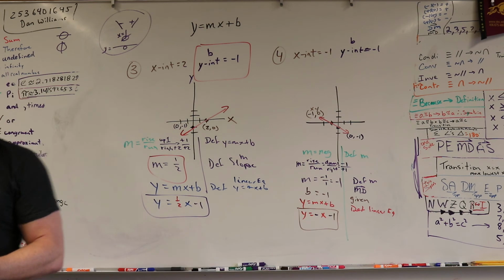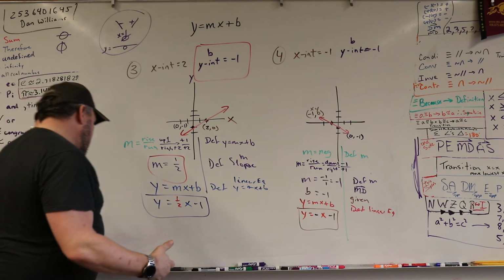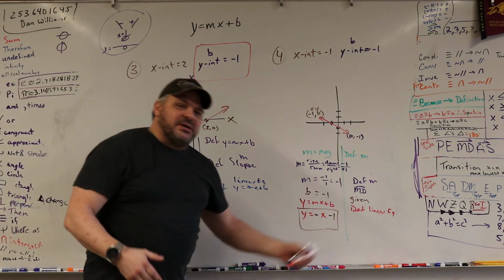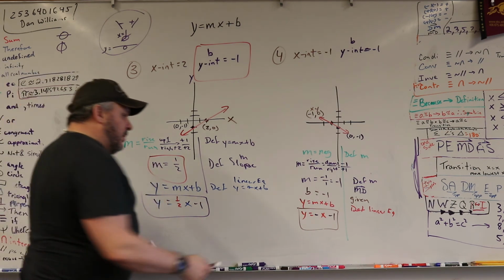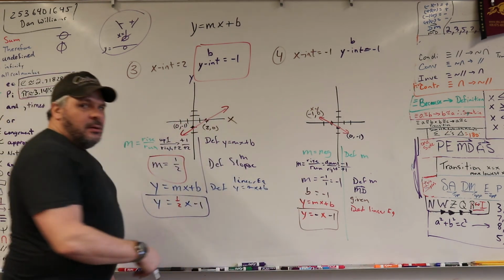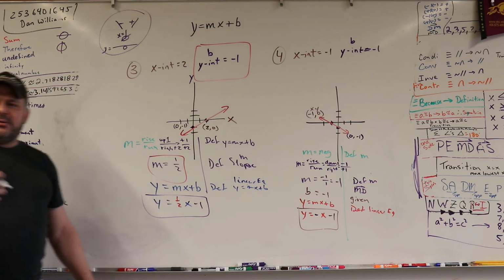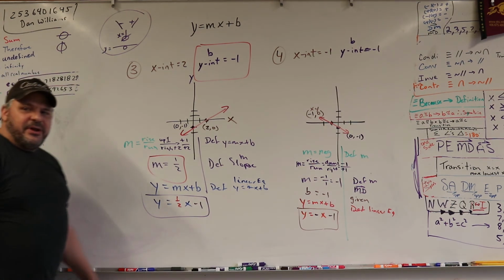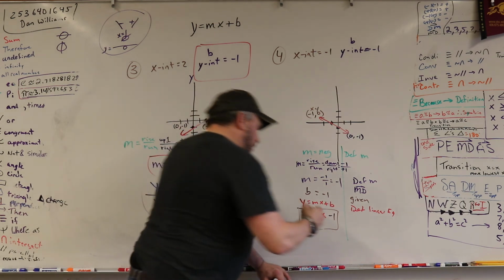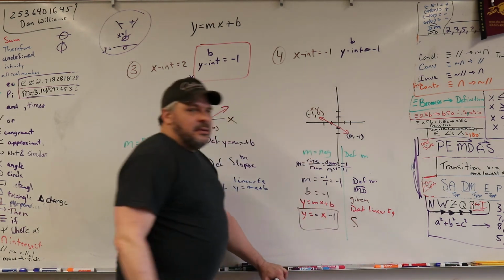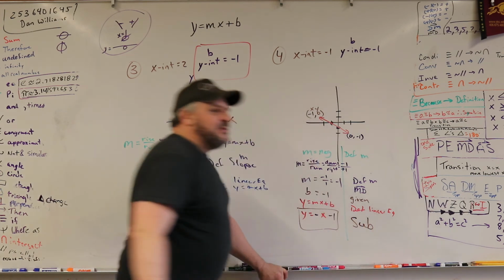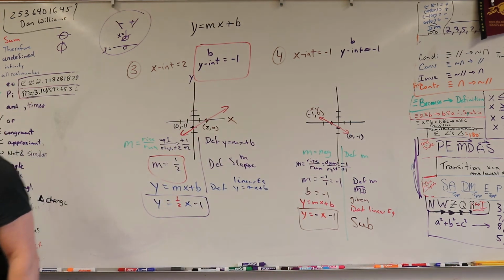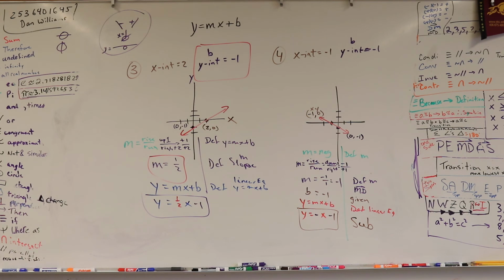Right? Pretty simple. But what did we do here when we plugged it in? What's that called? When we put in -1 for b and -1 for m. What's that called? Replace. Substitution. Come on, guys. Substitute. We've been doing this all year. Substitution. Okay?